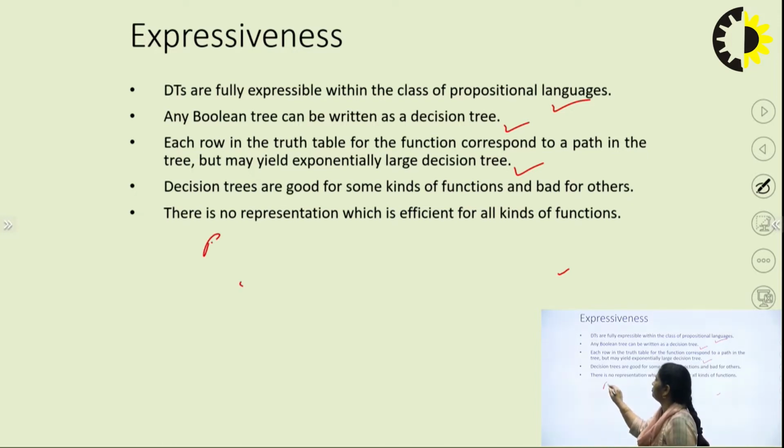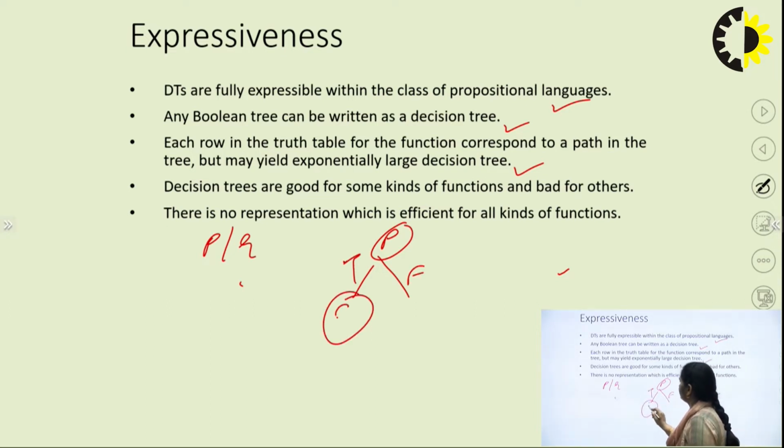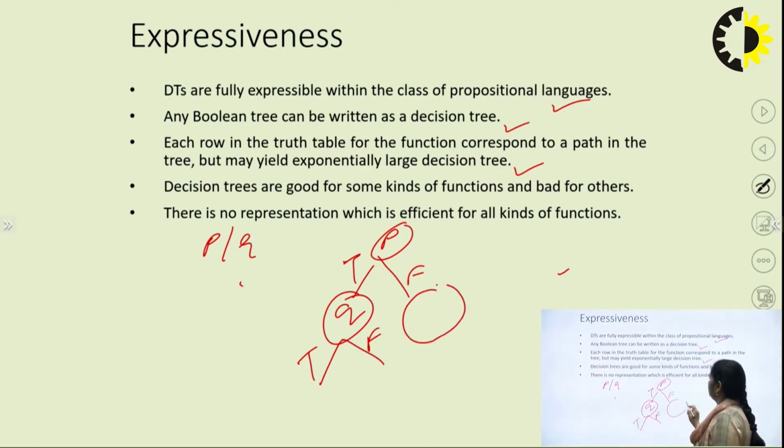So what we want to say here is, let me say we have two variables. For these two variables we can simply check one variable, which has a Boolean value, true or false. Then we can go for the second one and it will have the value true or false. So when we check P, it could be a true value or a false value.